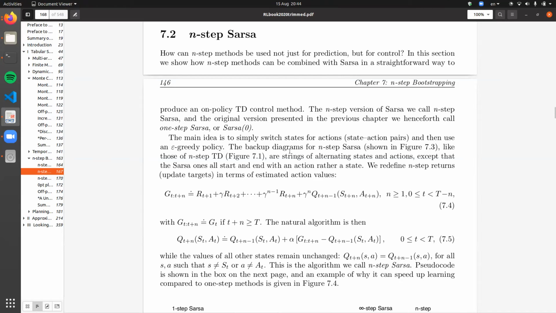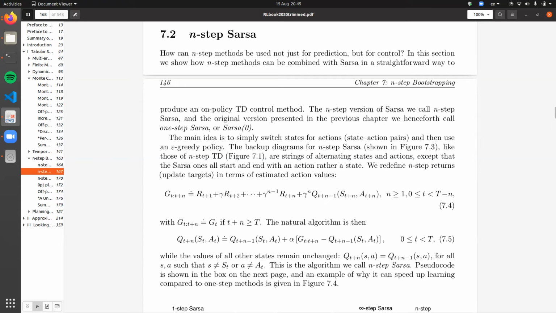So as you remember, in the Sarsa algorithm introduced in the previous chapter, we used the Q, or action value estimate, for the state action pair at time t+1 to bootstrap the update for the action value estimate at time step t.